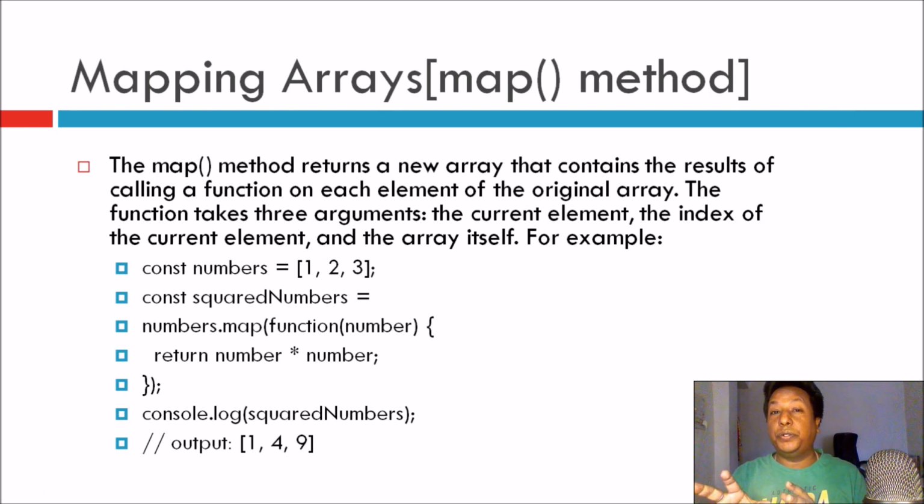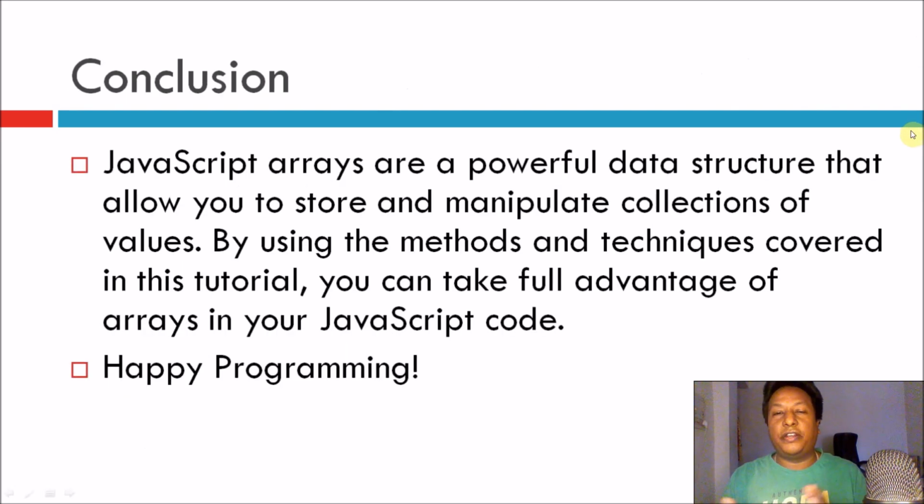But if you use the map method on an array, it will return another array that can be stored in a variable. So the conclusion is JavaScript arrays are powerful data structures that allow you to store and manipulate collections of values. By using the methods and techniques covered in this tutorial, you can take full advantage of arrays in your JavaScript code.